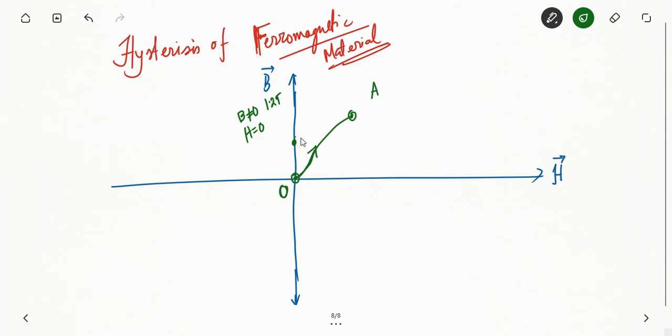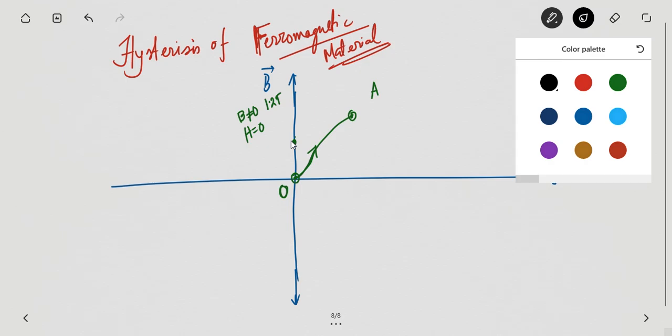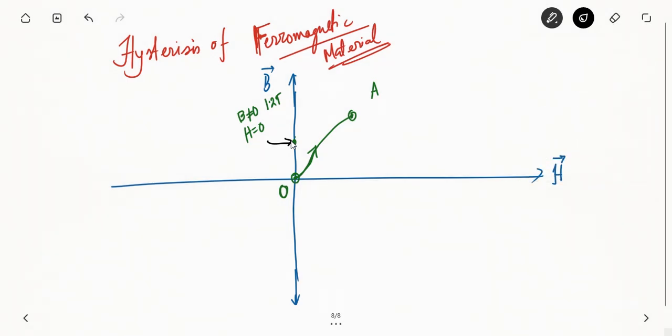This point is called retentivity or remanence. And here the graph now looks like this.